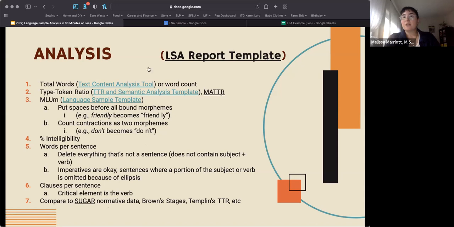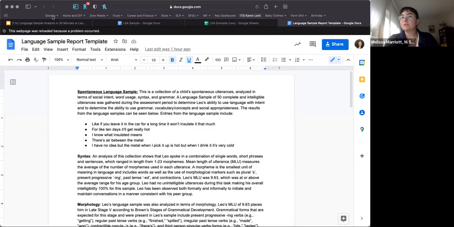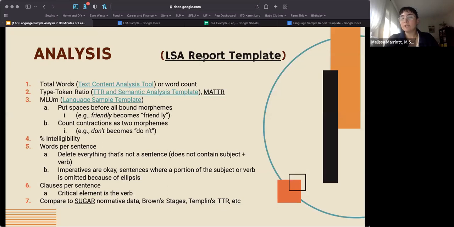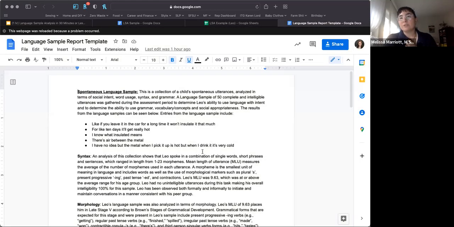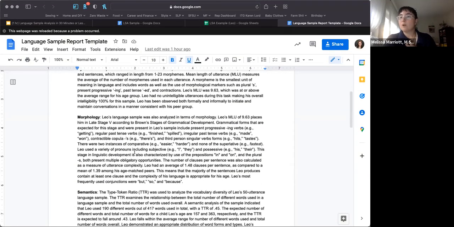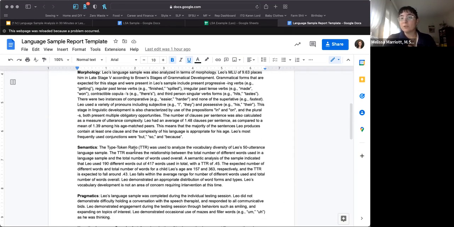And then the last thing that I'll say, and then we'll take a break, is that I also have included, there's a link for it right here, and you should have access to a whole Google Drive folder where all this stuff lives as well. A report template. So if you're doing a conversational language sample, what could the report look like?